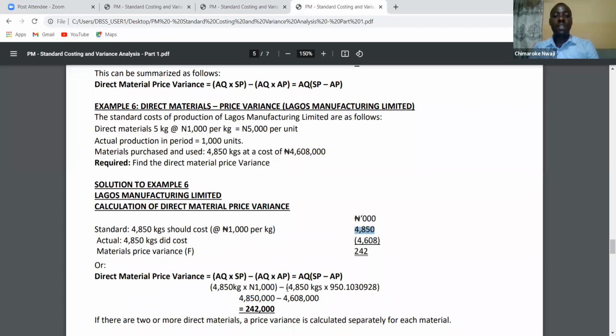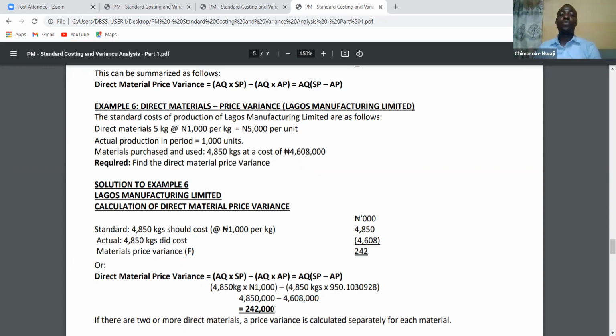Now, the actual quantity is 4,850, and I told you how we got this, times our actual price. When we multiply, it gives you the actual cost. When you less the actual from the standard, you have a positive figure, which is favorable variance of 242,000. That means it is correct.